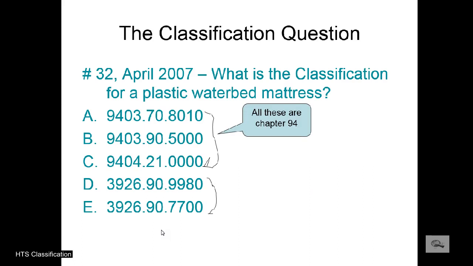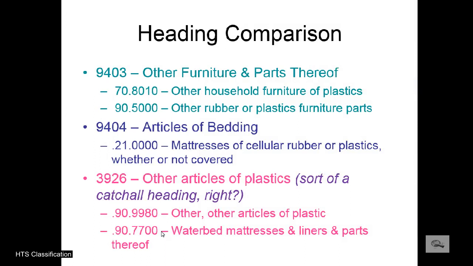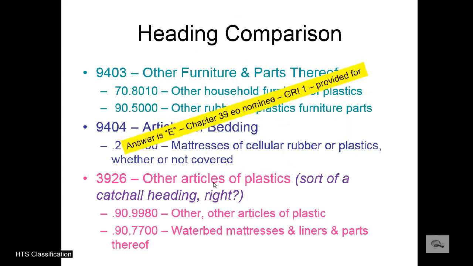In this case, the choices fall under chapters 39 or 94. This example turns out to be rather easy because the answer E already provides for the item being classified. GRI 1 would be the basis of the selection, which is self-evident.